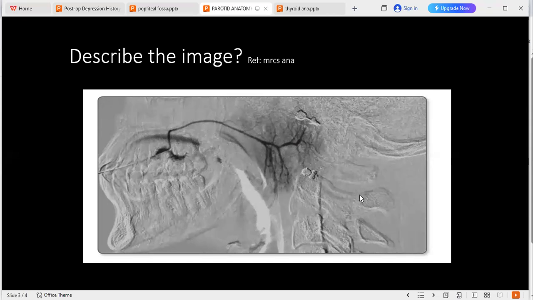Is it of any significance? Why would you ask for this sort of imaging? This is the duct of the parotid gland, a sialogram. Do you find obstruction anywhere? No, I didn't see it. You suspected obstruction because of the swelling.